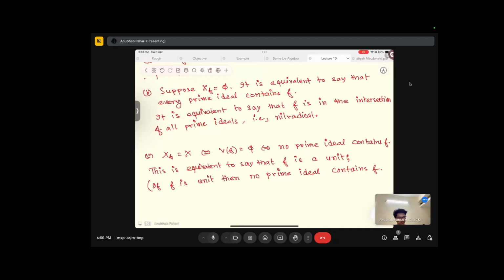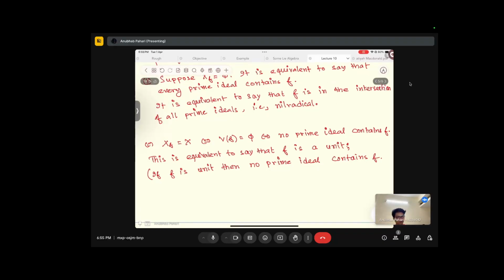So the first argument is coming from this, and conversely if f is a non-unit, then the ideal (f) is proper.